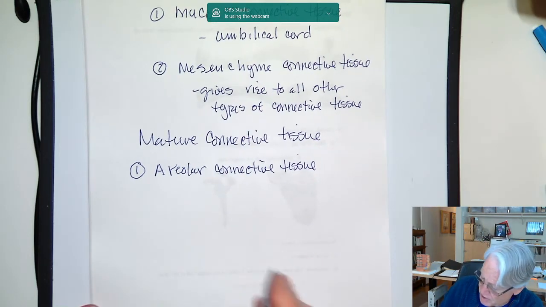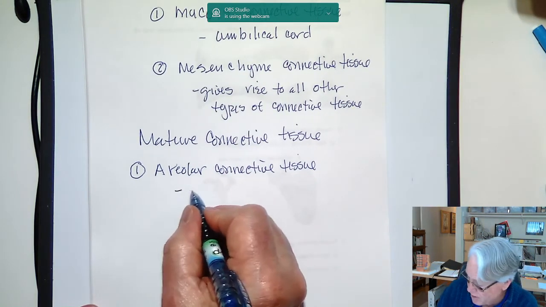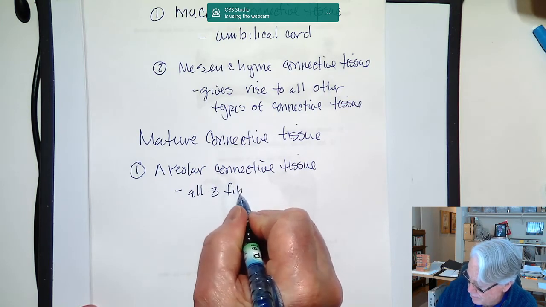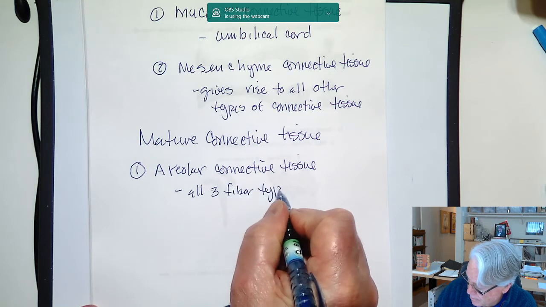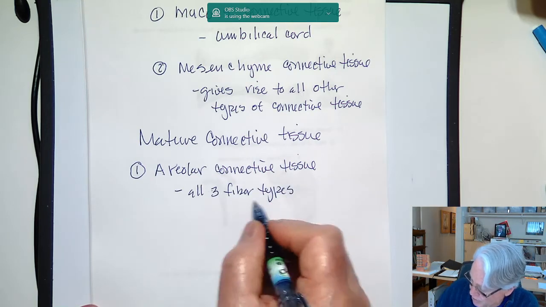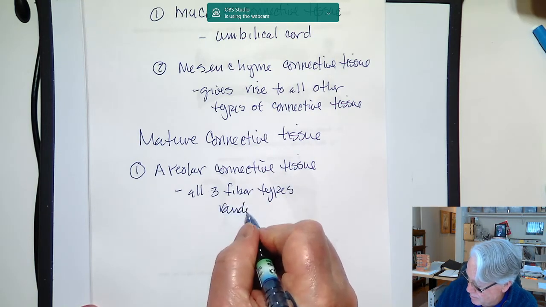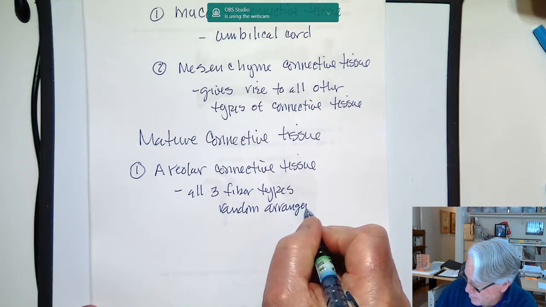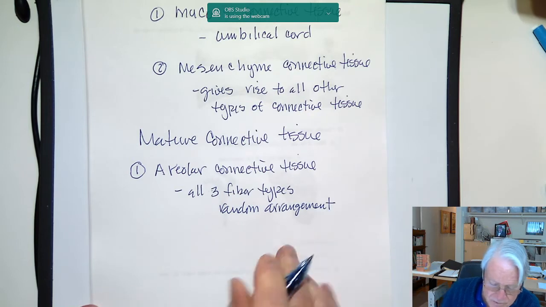And what we're going to find is that we have all three fiber types with a random arrangement. Okay.